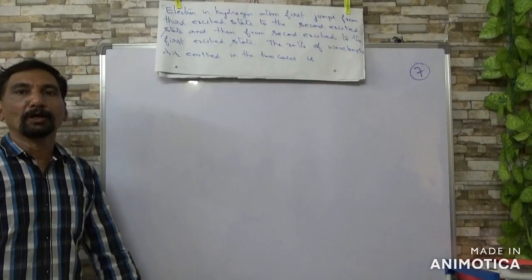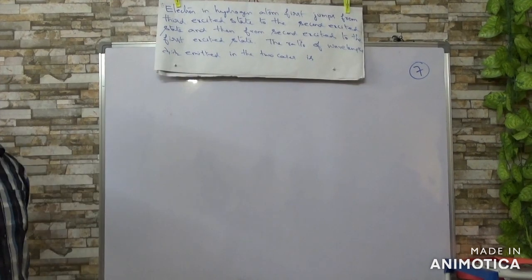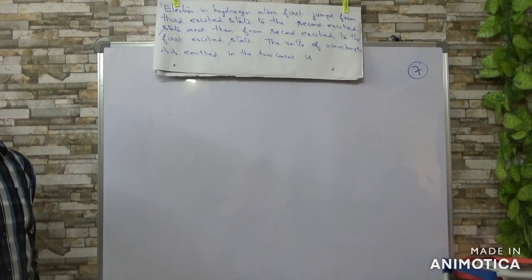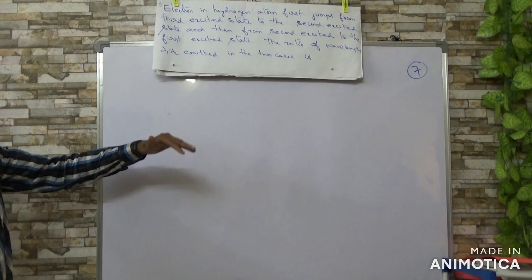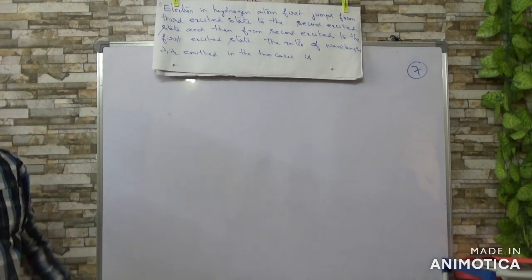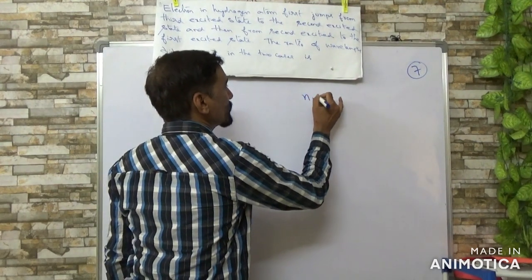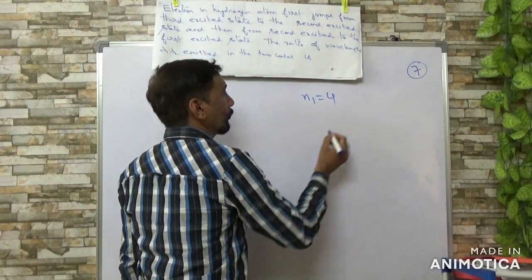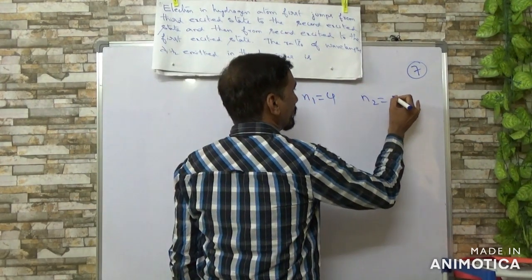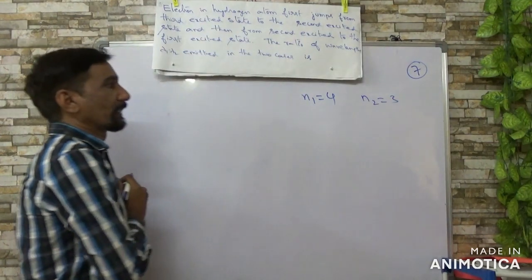Okay. Now about the given problem. In a hydrogen-like atom, the excitation is taken from third to second excited orbit. So third excited means N1 is taken as 4 and N2 is taken as 3, the second excited state.